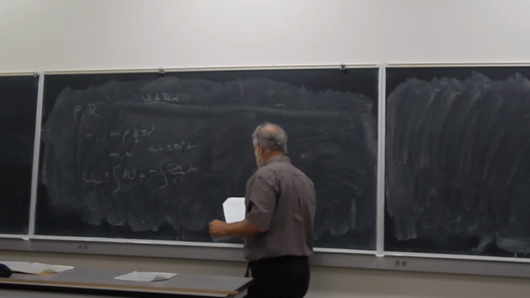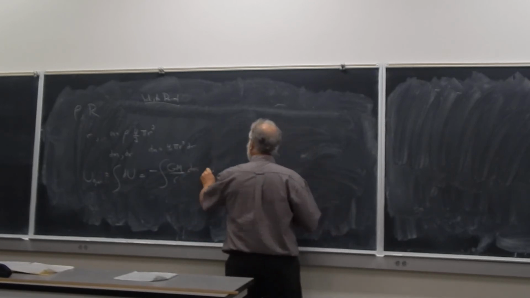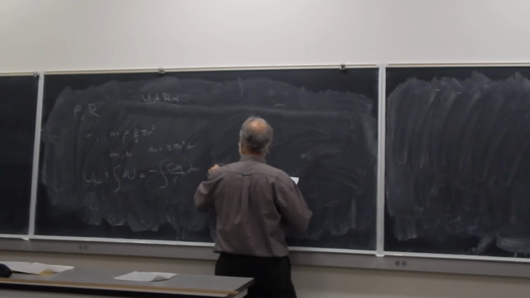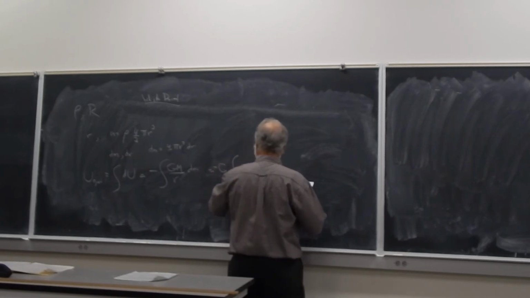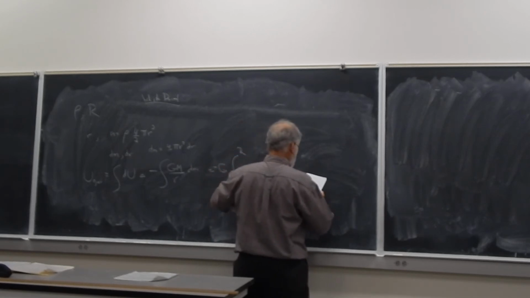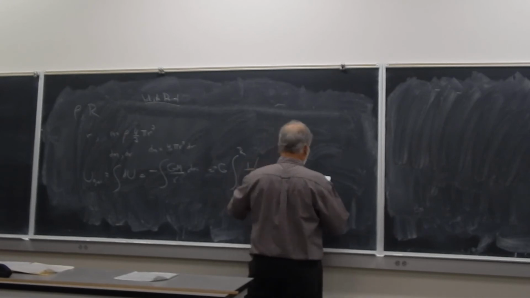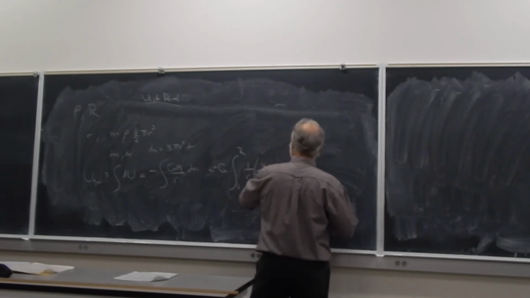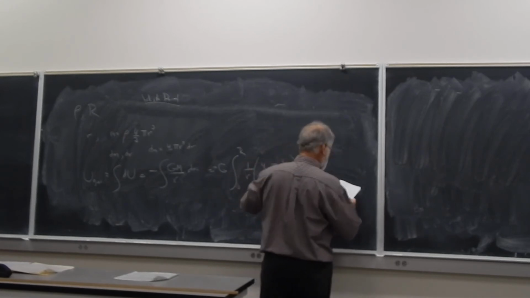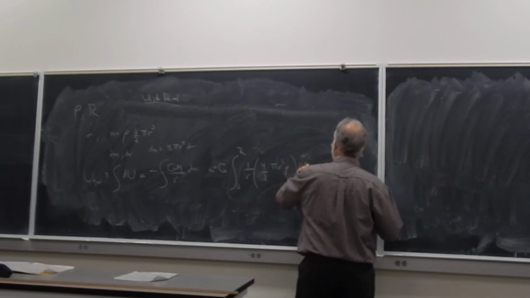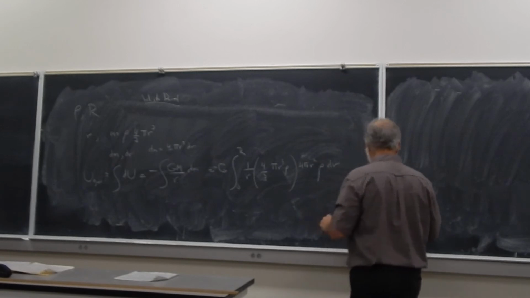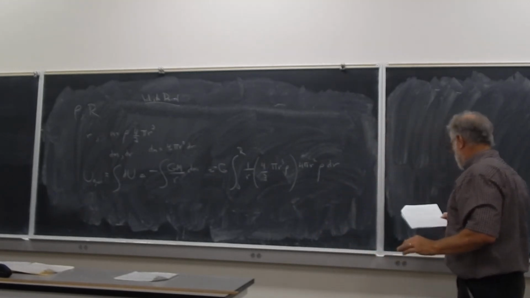G m over r dm, sorry. Write this as minus G integral 0 to R of 1 over r times 4/3 pi r cubed rho times 4 pi r squared rho dr. I'm putting in my volume element.